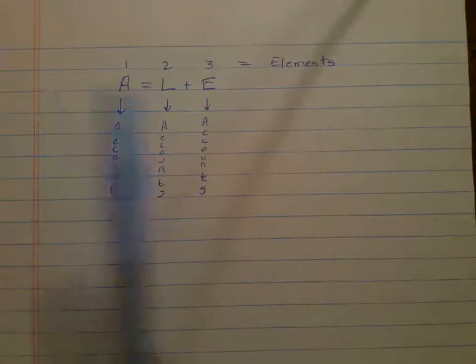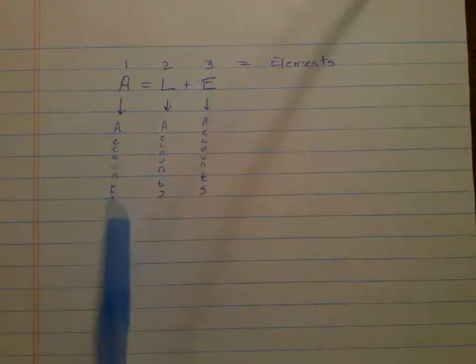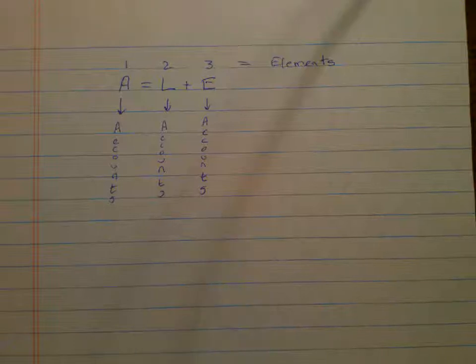So within each element, there's a series of accounts. And in an actual accounting system, there'll be a numerical value assigned to each one of those accounts, because that's the way systems work.